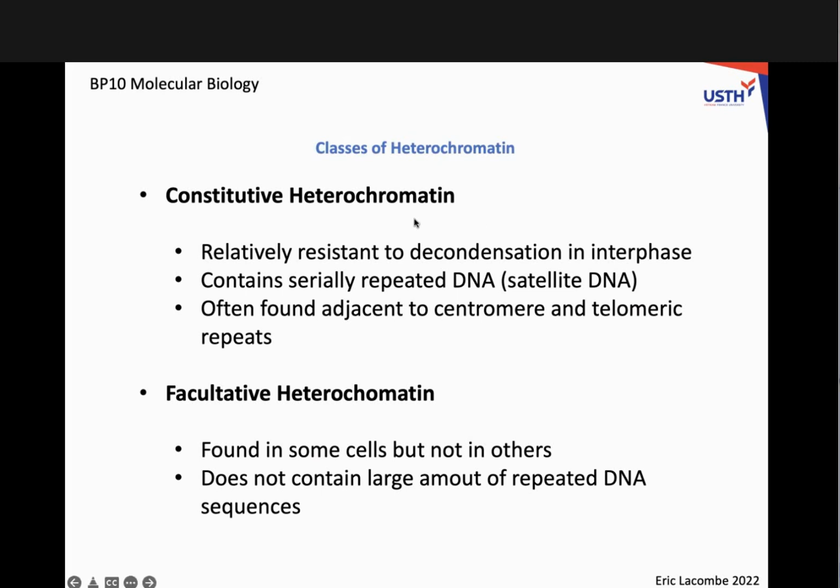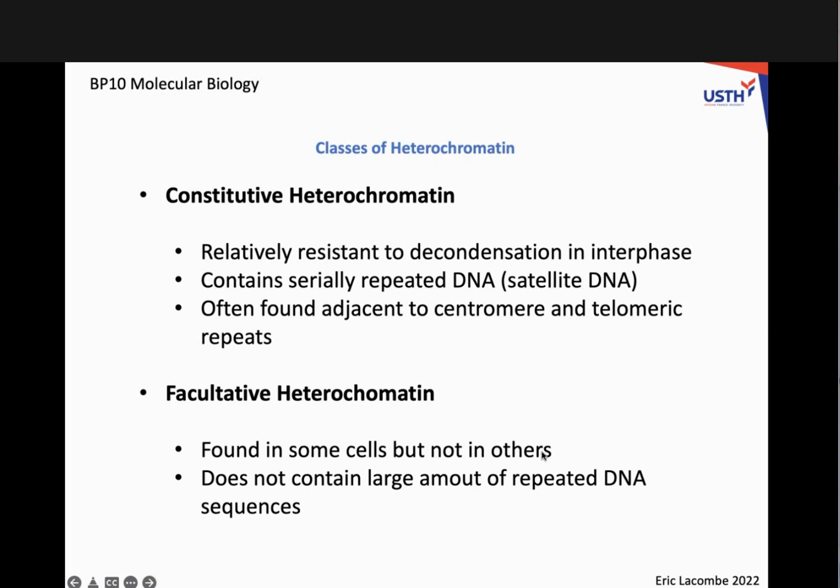Okay. Then, on the opposite, we've got this facultative heterochromatin. What makes the heterochromatin facultative, and this is where it's the most interesting, is that some regions are found in the heterochromatic state in some cells, but not in other cells.